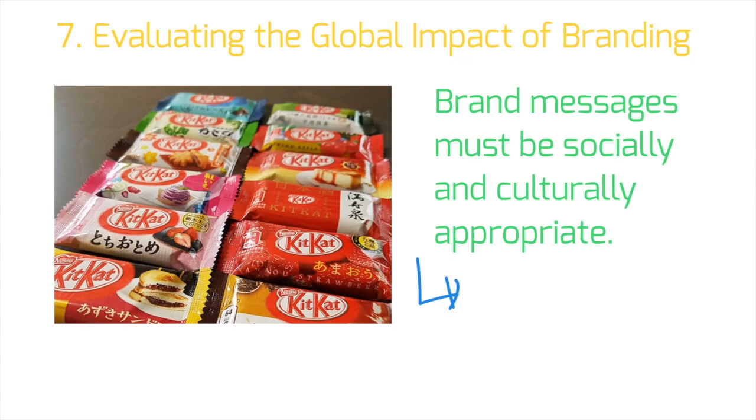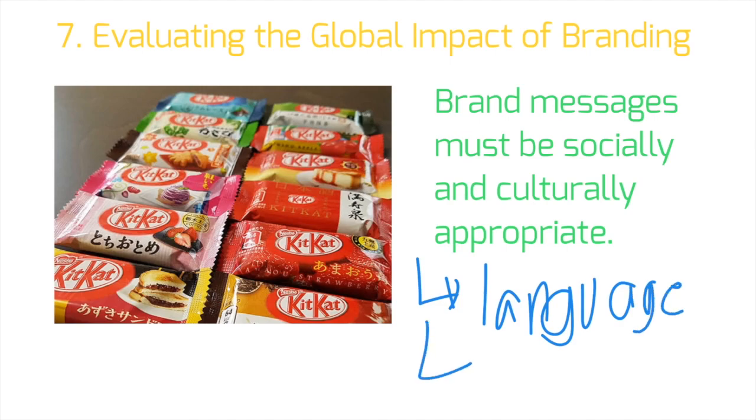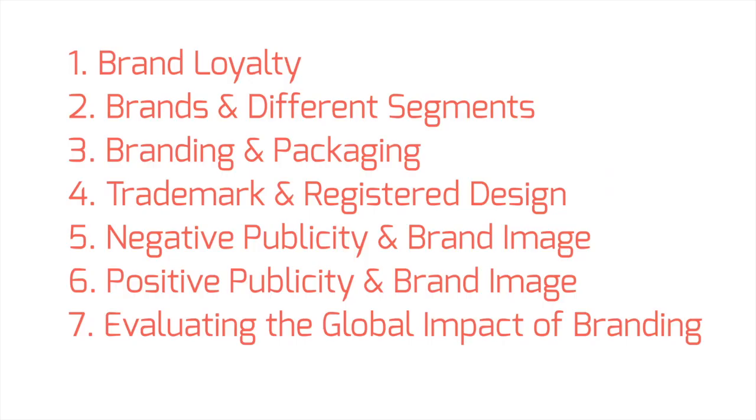For example, you could have differences in language, so you could have translation errors, or certain colors have certain significance in several cultures. So you also have to take these two things into consideration to convey the intended message and prevent your brand from being negatively portrayed.